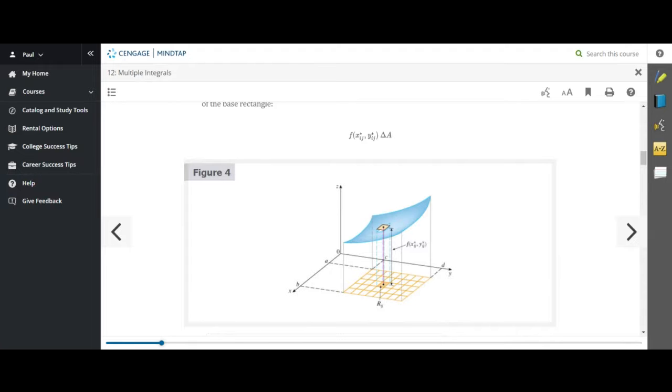You need two indexes now, i and j, because the points can be moved horizontally and vertically, right? So that you select a point in every subrectangle.